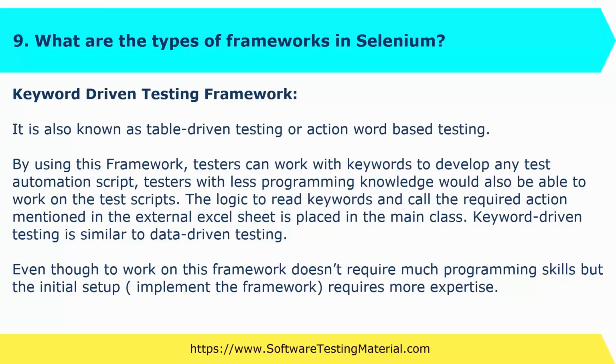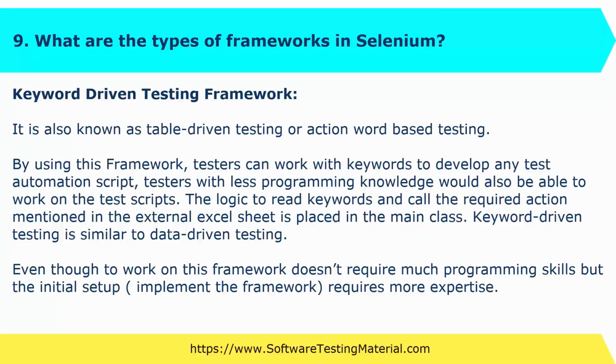It is also known as table driven testing or action word based testing. In keyword driven testing, we use a table format to define keywords or action words for each function or method that we would execute. It performs automation test scripts based on the keywords specified in the Excel sheet. By using this framework, testers can work with keywords to develop any test automation script.